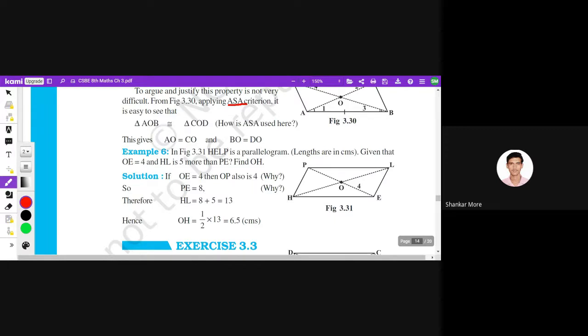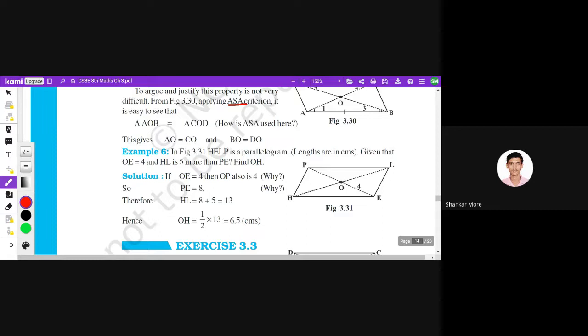Now HL क्या रहेगा? अभी HL जो है वो PE से 5 से बड़ा है, right? So HL is equal to PE plus 5. So that means 8 plus 5, that is 13. HL will be equal to 13. Now, do we have to find out HL? Is that our question? हमें HL find out करना है क्या? नहीं.